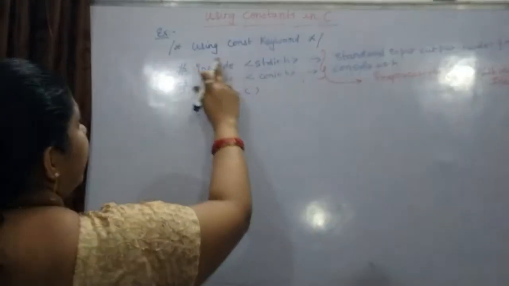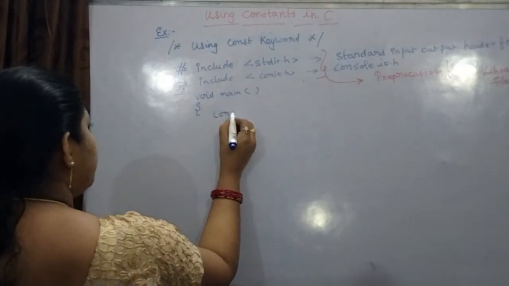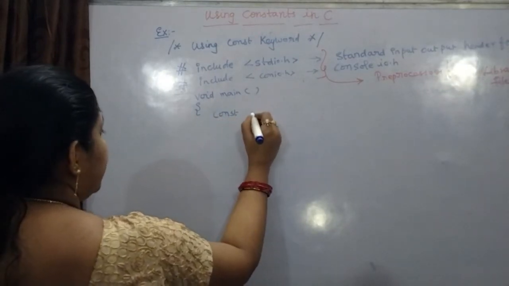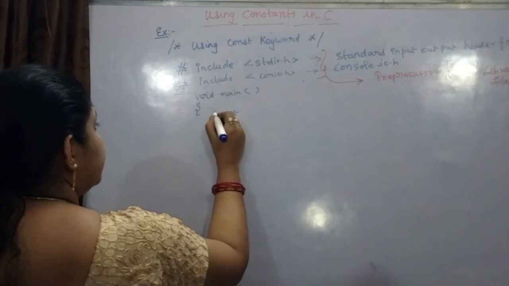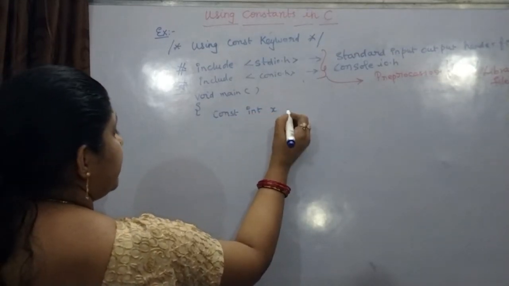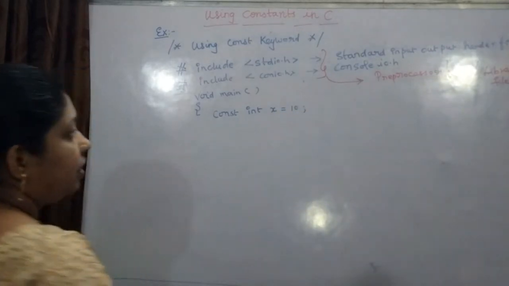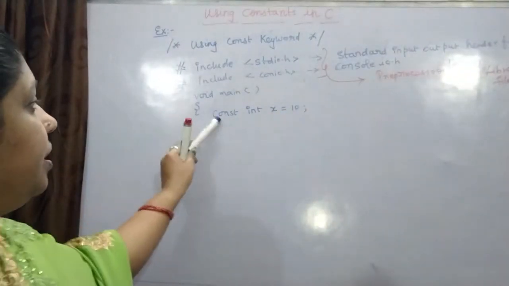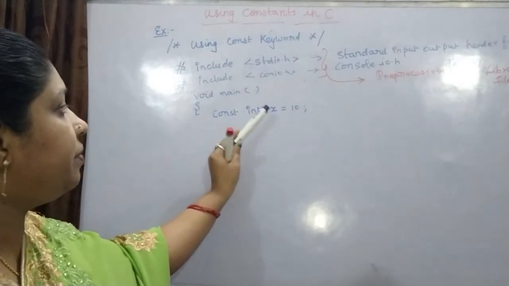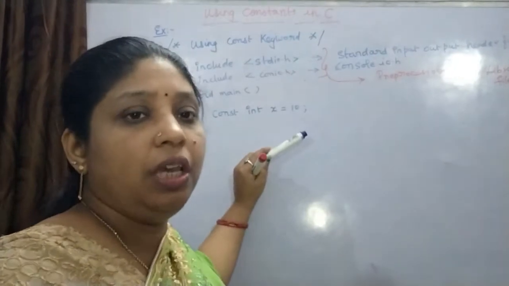Now here I have to declare a constant first. Const int x equal to 10. Now what is happening here? x is the constant. I am assigning a value 10, so this value should not be changed in the program.